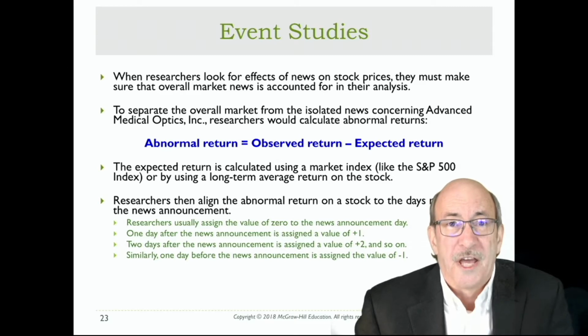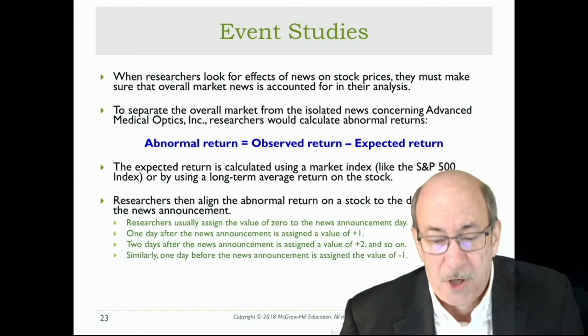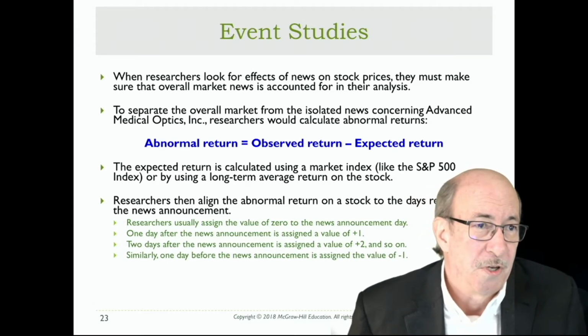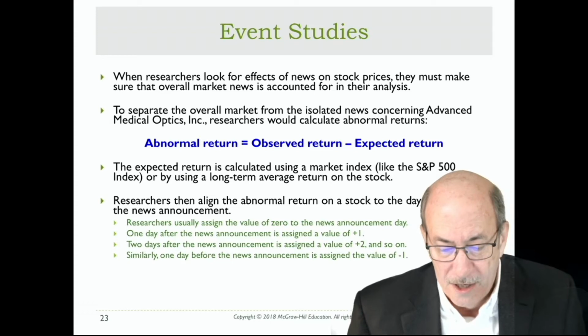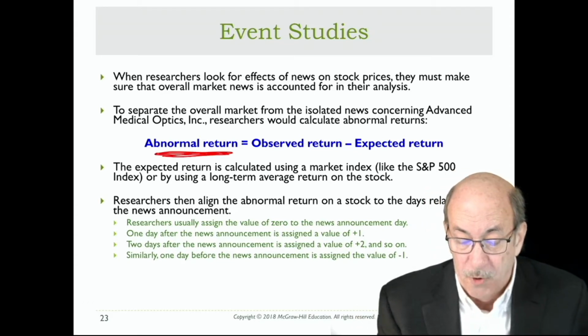Now, the question that the researcher has to ask, though, is how much of this response is actually due to that new information and how much would have occurred anyway. And this is where we come up with this abnormal return.